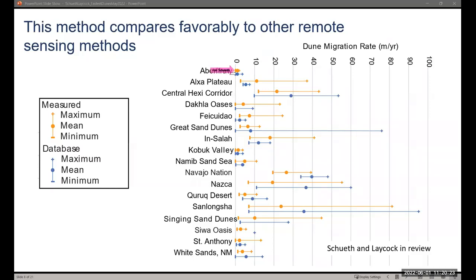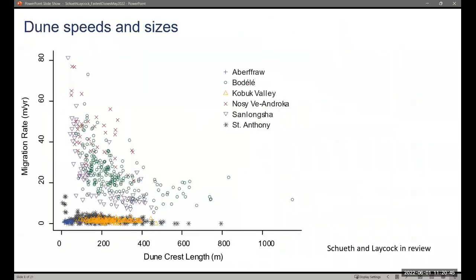So in this case, measured versus published. This should overall show that our use of Google Earth historical images matches almost exactly what's been published before, which is great and gives us the confidence then to use this sort of technique and Google Earth in order to assess dune migration in ways that other papers have done in the past.